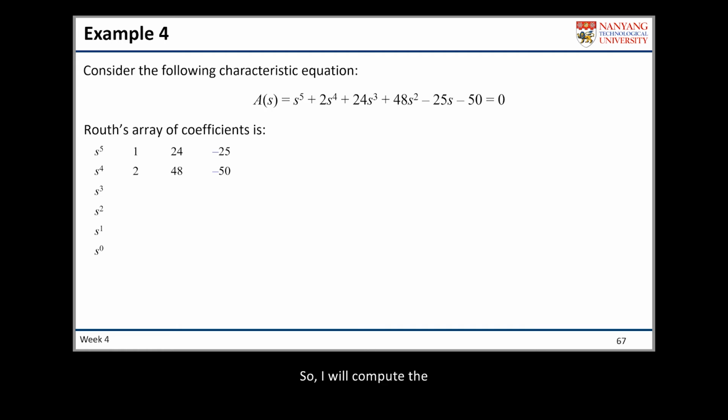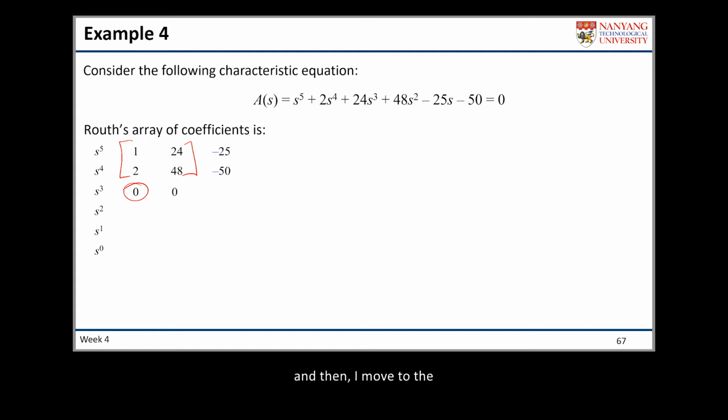So I will compute the b1 here. How to do that? I refer to this 2 by 2 matrix. Again, negative determinant of that matrix divided by 2, the last element on the first column. Apparently, it's equal to 0. You can try it by yourself to calculate it.